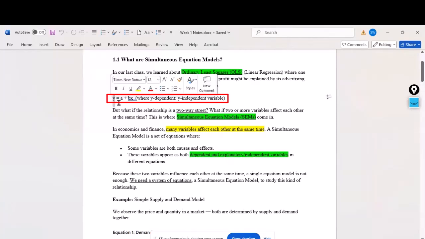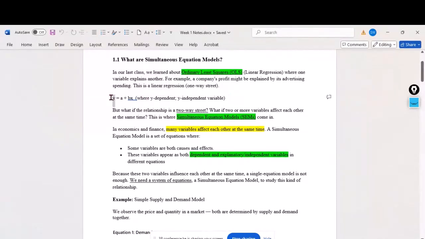One is called the dependent variable, and the other is called the independent variable. In this case, y is the dependent and x is the independent. So we are investigating how x affects y, or how the independent variable affects the dependent variable.